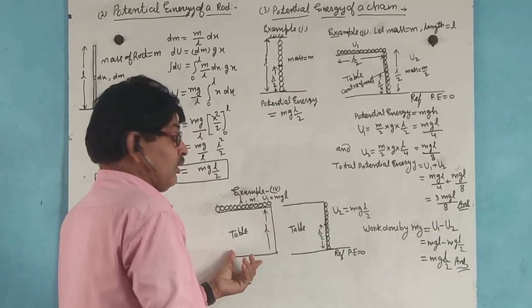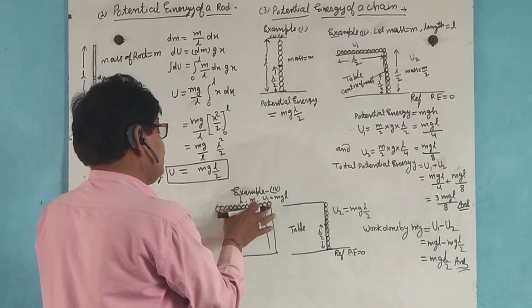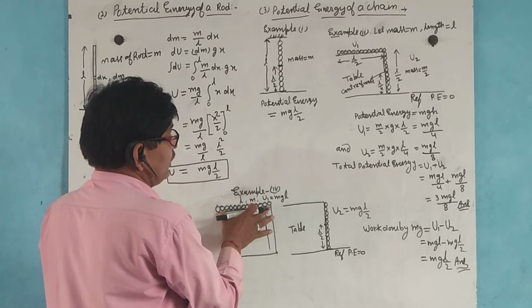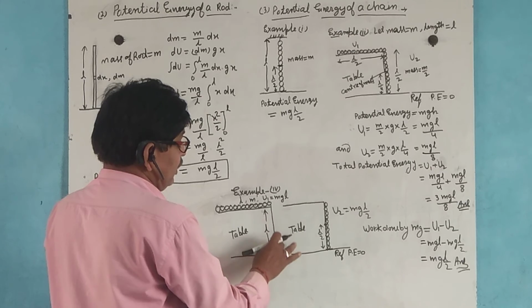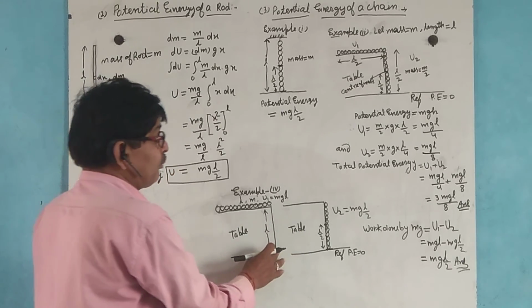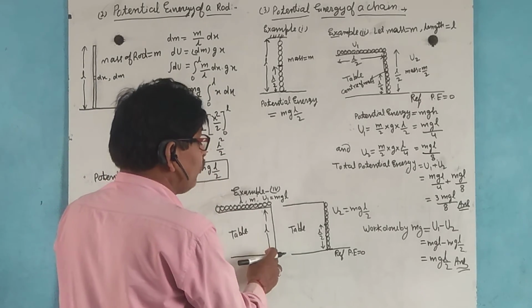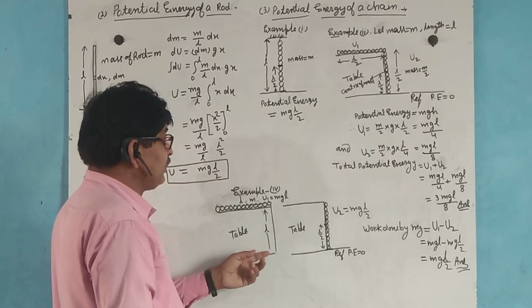Now we take here one table and another table here, and a chain is put here in this case, and this chain goes downward and falls on the ground due to the force of gravity. In this case we have to calculate the work done by mg.